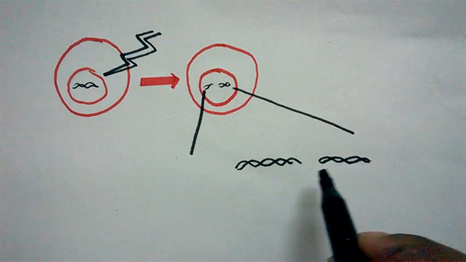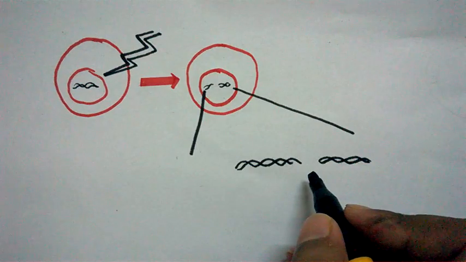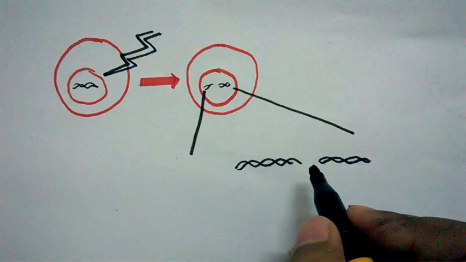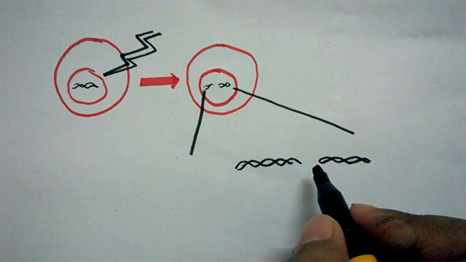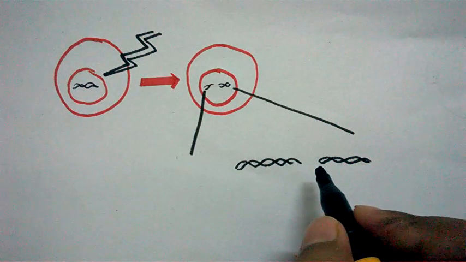So the cell has to devise a mechanism by which it can repair this kind of damage, or at least try to repair it. And this is regulated by p53.